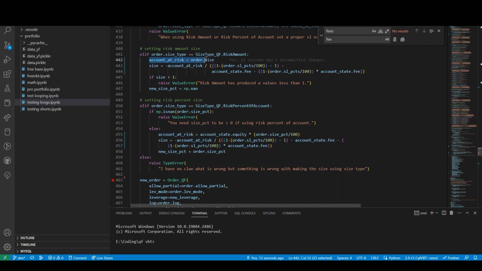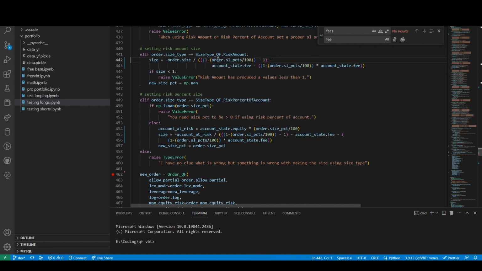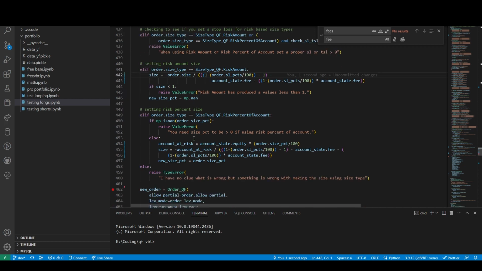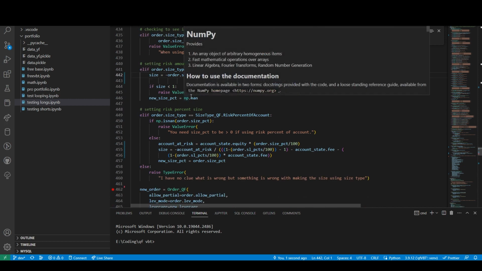I don't even need that. Size equals order dot size. Like that.